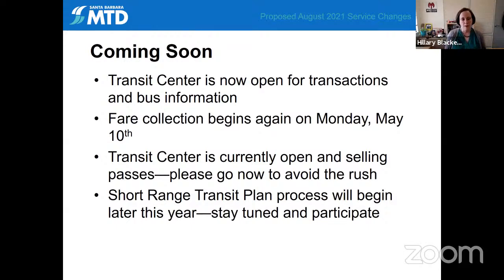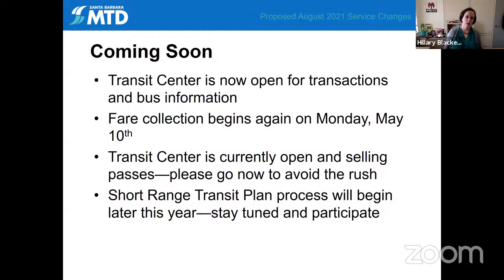And then something that'll be coming up later this year, it's very exciting and there will be a ton of public outreach and engagement about, is a short range transit plan. A short range transit plan is basically a 5-year plan for our service and our operations and how we work as a transit agency, what we provide to the public.